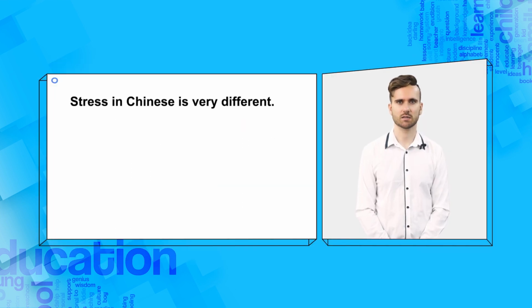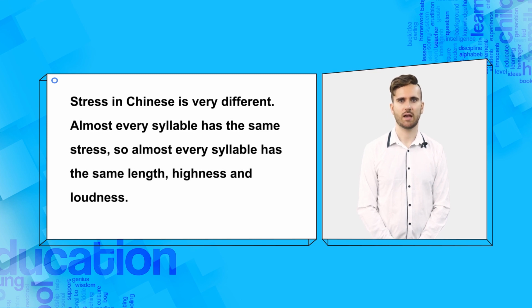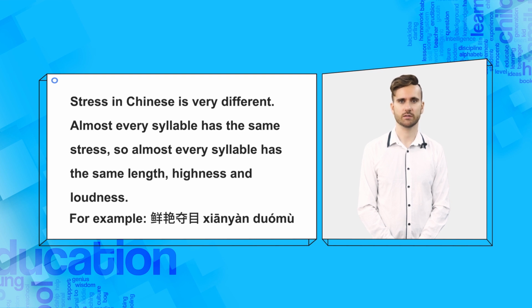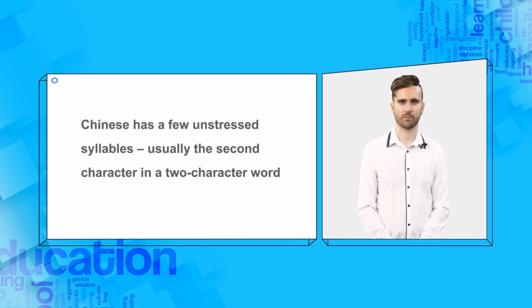Stress in Chinese is very different. Because almost every syllable has the same stress, almost every syllable has the same length, highness, and loudness. Say a four-word phrase like 鲜艳夺目 to feel this. However, Chinese does have a few unstressed syllables, mostly as the second character in a word with two characters, such as 觉得.